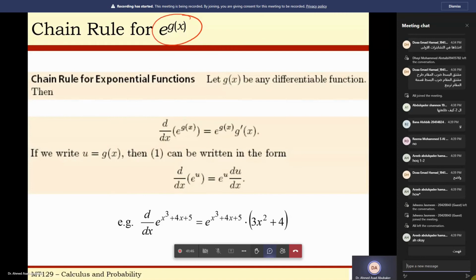Okay, so we need to learn how can we derivative, for example, e to the power 2x, e to the power negative x, e to the power 3x square, e to the power 5x minus 1, e to the power radical x, or any power in the x, for example 1 over x also. Okay, now we need to learn how can we derivative this one or b to the power g of x.